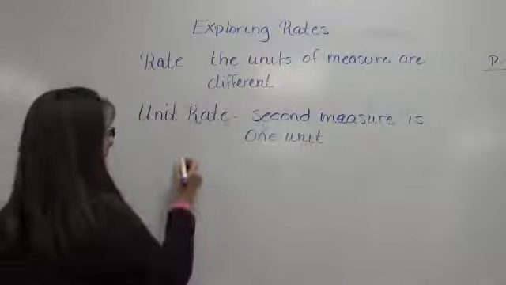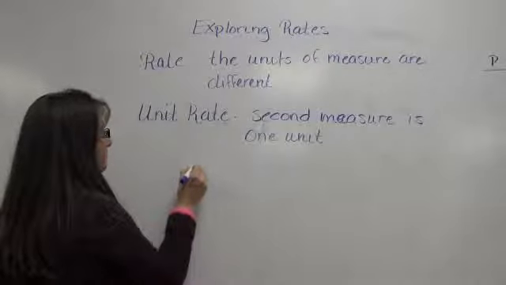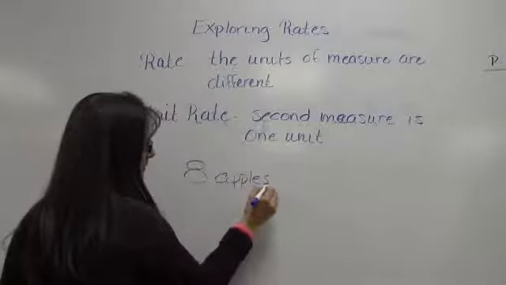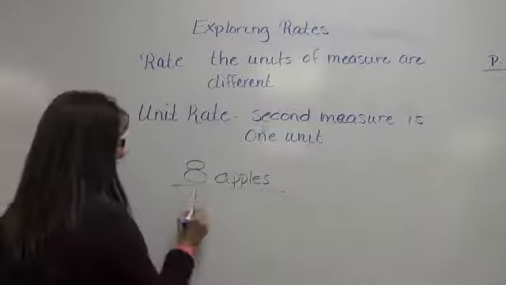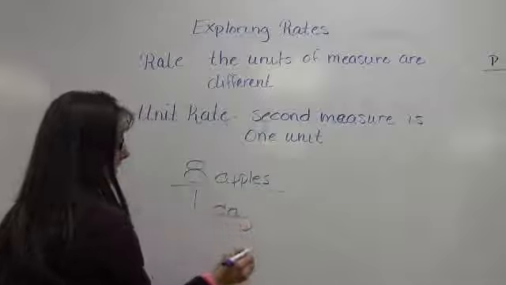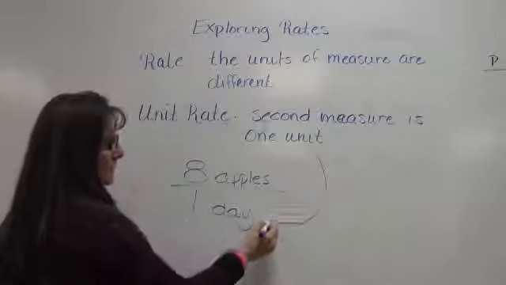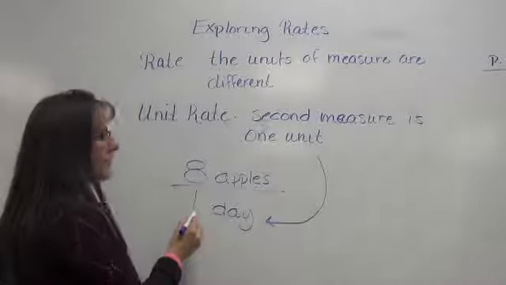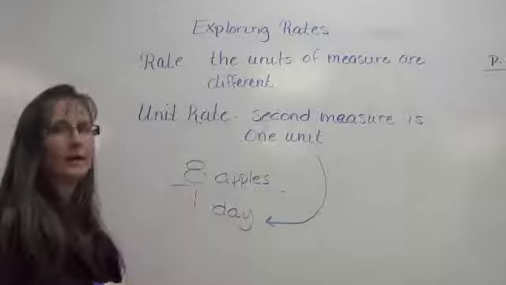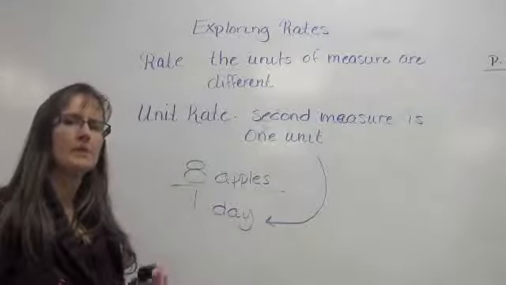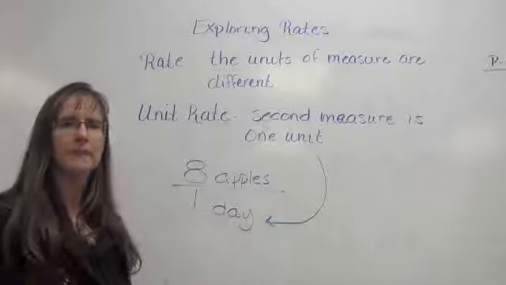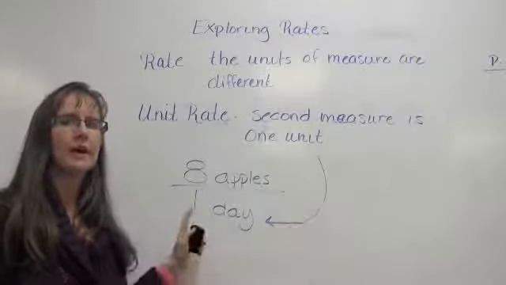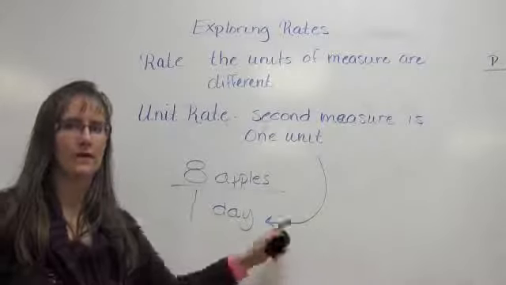So an example would be 8 apples picked in 1 day. Notice that the second measure, the bottom number, is 1. This is called a unit rate. We use unit rates when we want to compare more than one rate because it's very easy to compare if they both have a denominator of 1, or a bottom second unit of 1.